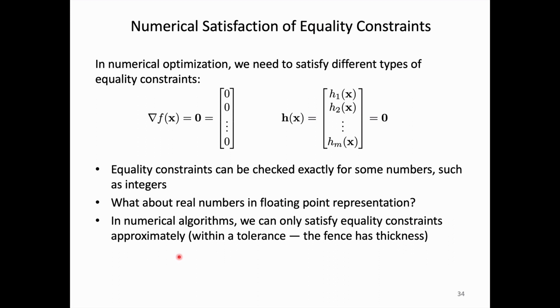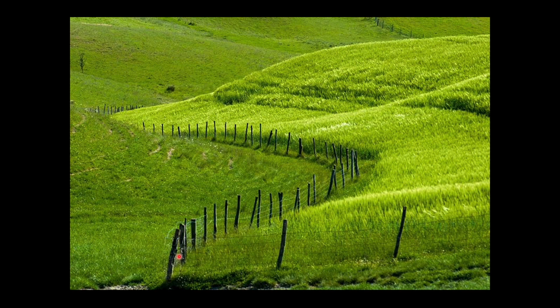well enough to consider them satisfied. So think back to this fence analogy that we looked at before. Say we want to find the minimum of a valley, but if we have an equality constraint, that means we have to stay on the fence. And mathematically, this is just a line, a curve. It has no thickness.